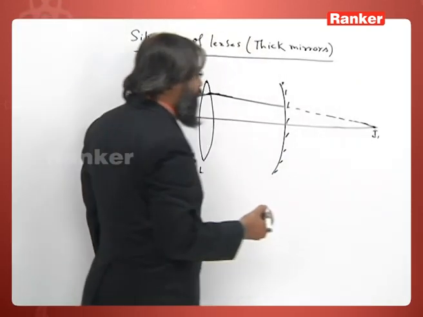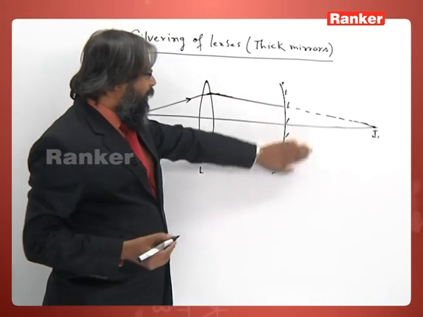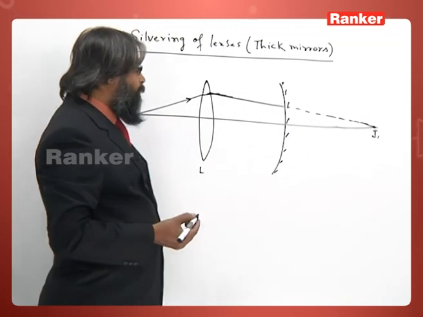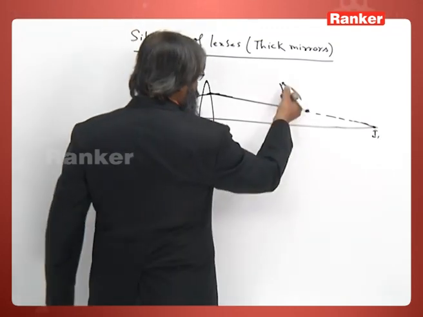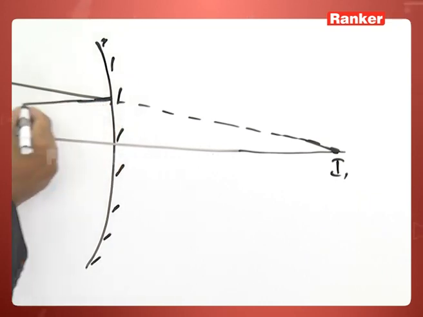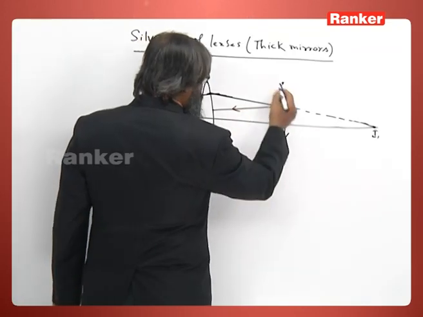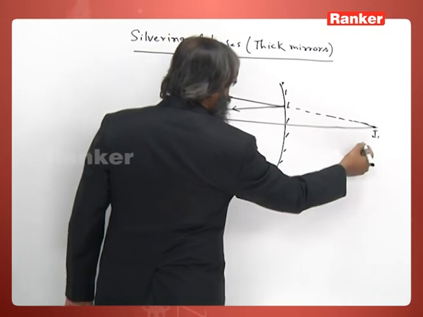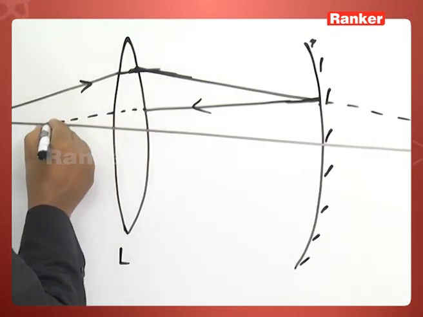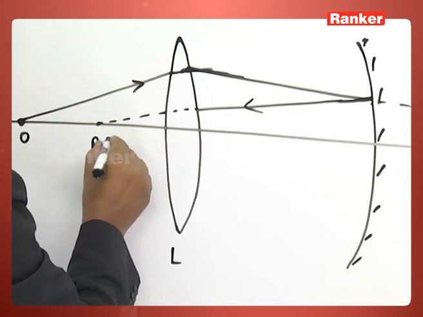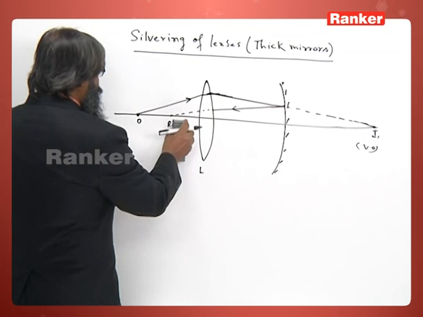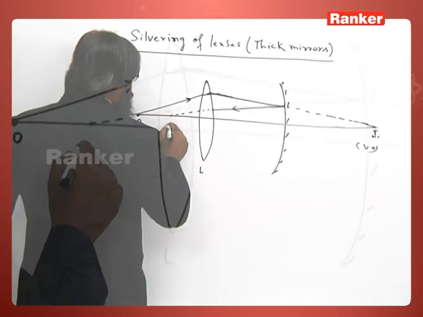This is I1. So, if the mirror is not present, the lens would have formed the image at I1, but since it is a mirror, it reflects this light, and because of this mirror, this is the virtual object for which this would have formed a real image here, that is called I2. But what happens?